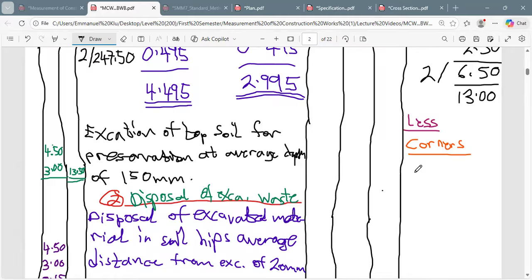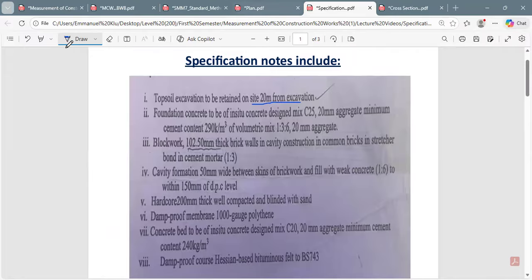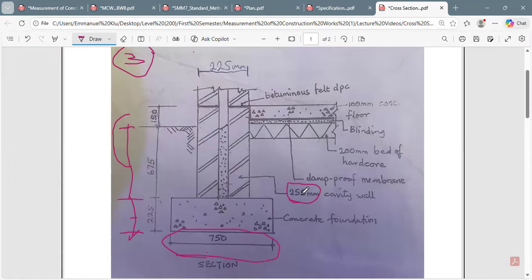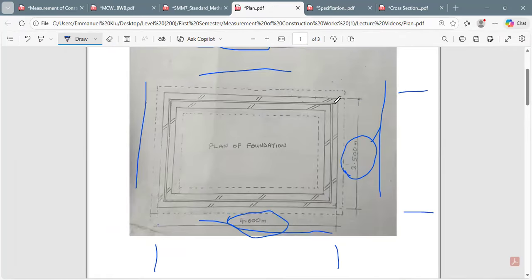So this is what I'm doing over here. Let's say 4 times 255. Because if that is the thickness of the block wall, if that is the thickness of the wall, it means that it is at all the corners. So we have to less it.